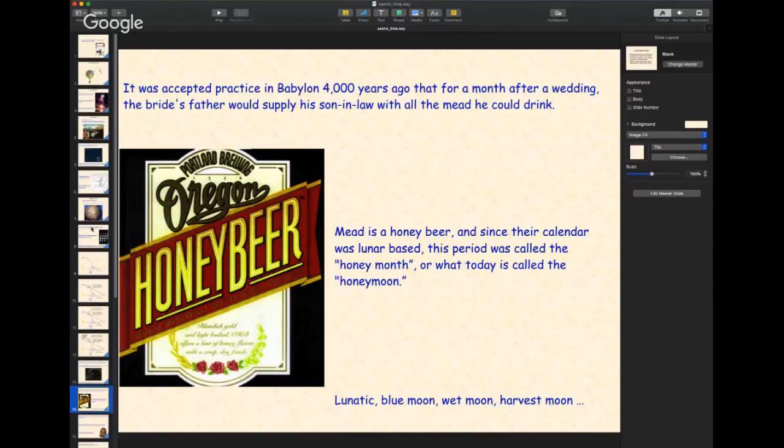So that's the origin of our term honeymoon. And the moon inspires many other phrases: lunatic, luna, la luna, a blue moon, a wet moon, a harvest moon, many moons with names for stuff. But I just find the honeymoon one in particular fascinating because it goes back in time so long.